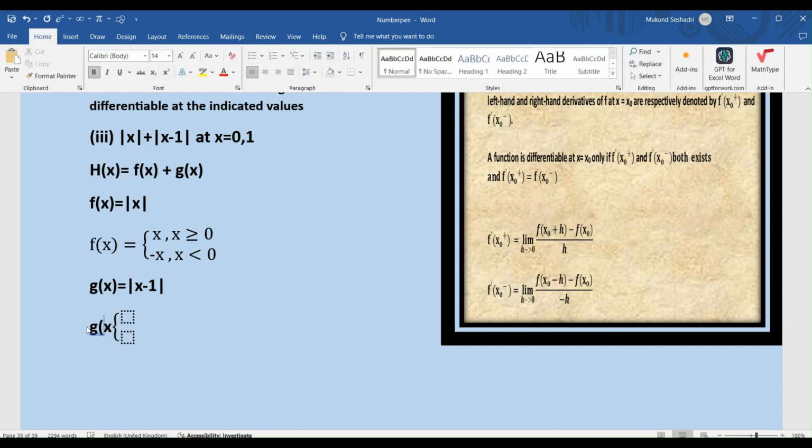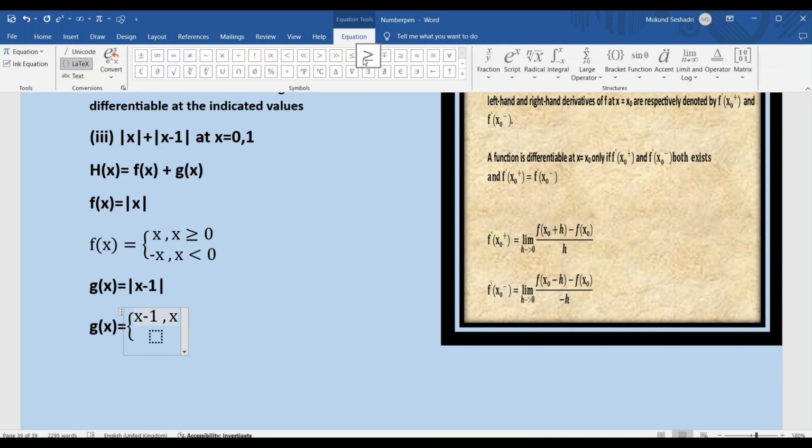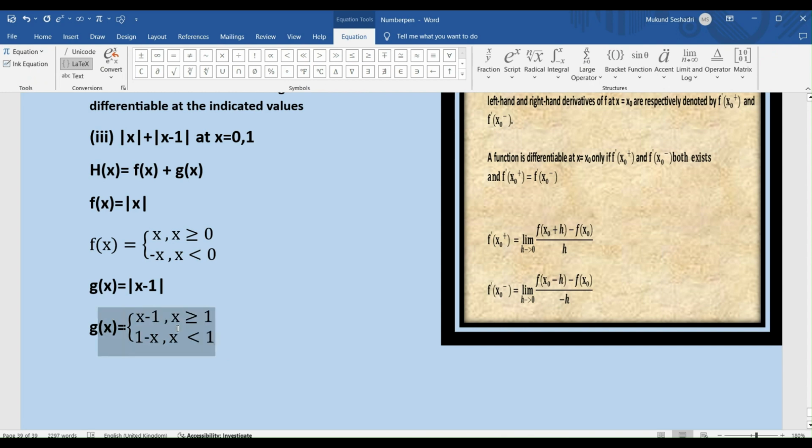My g of x equals x minus 1 for all x greater than or equal to 1, and it's equal to minus of x minus 1, which is 1 minus x, for x lesser than 1, right? So I have two equations in front of me, a g of x and an f of x.